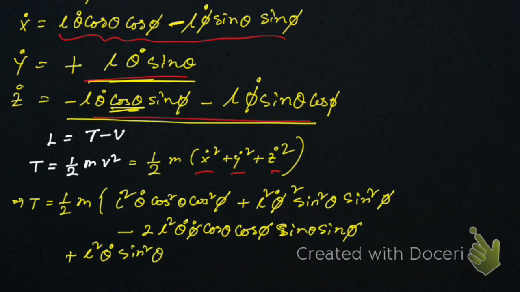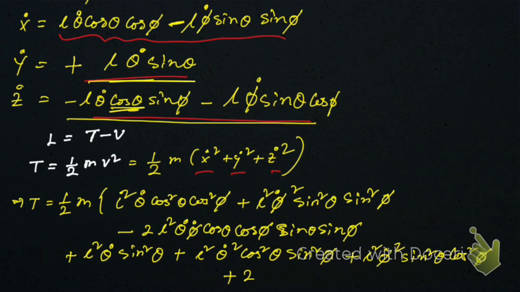Then if you square this one, z dot, then you will get L square theta dot square cos square theta sin square phi plus L square phi dot square sin square theta cos square phi, then plus 2 L square theta dot phi dot cos theta sin phi sin theta cos phi.